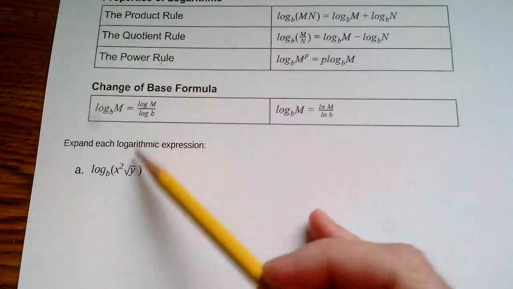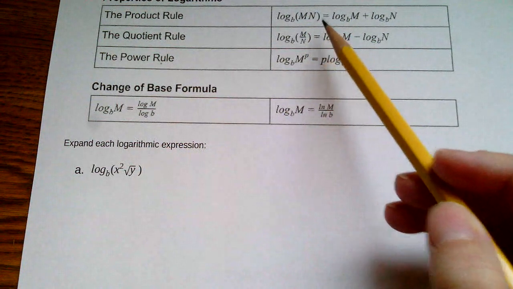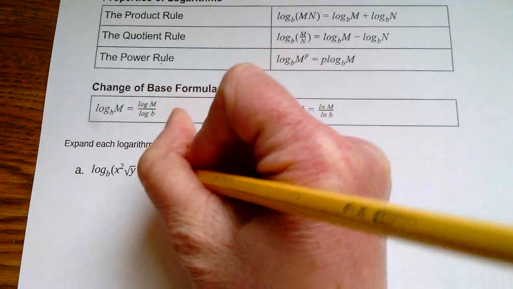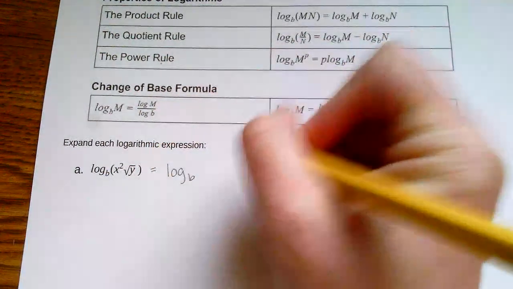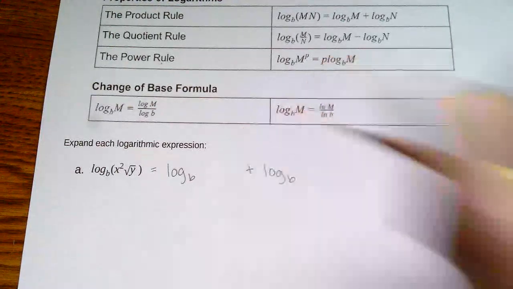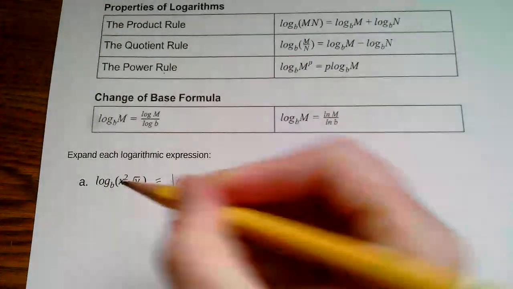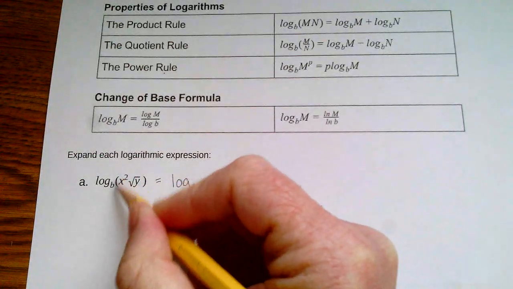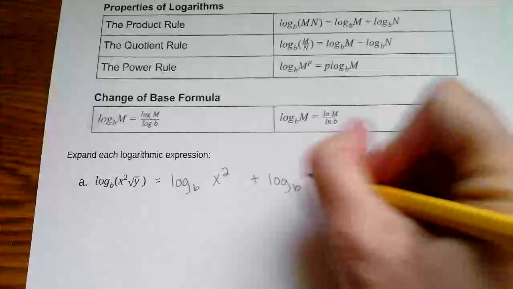So the first thing that I'm going to do is rewrite this using the product rule. I am going to keep the base the same for both of my expressions. I want to take the first part of my product, the first factor, and the second factor.